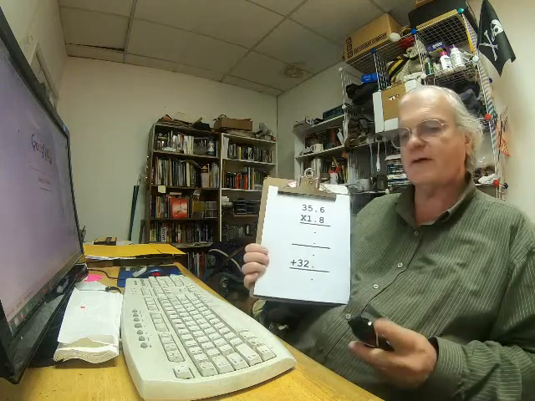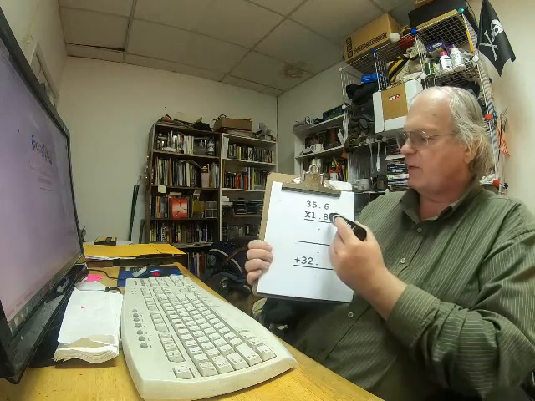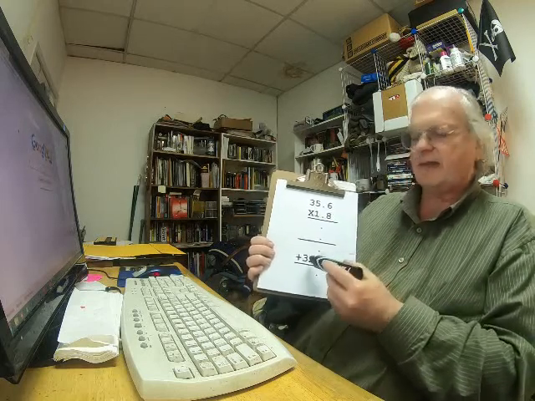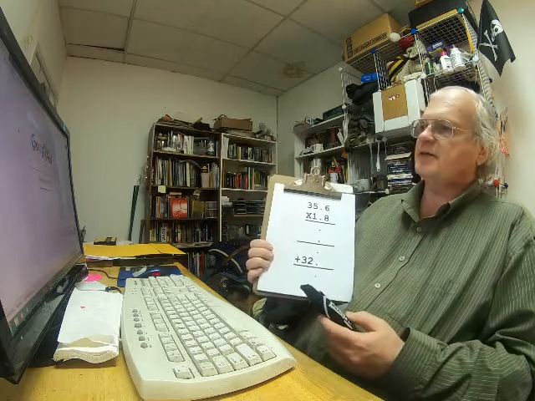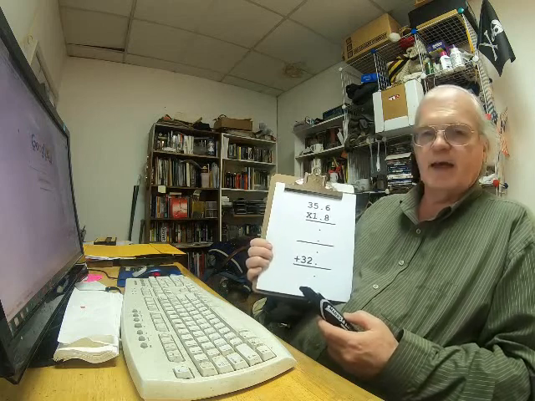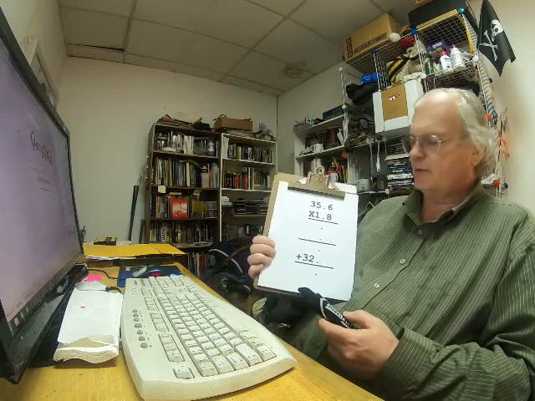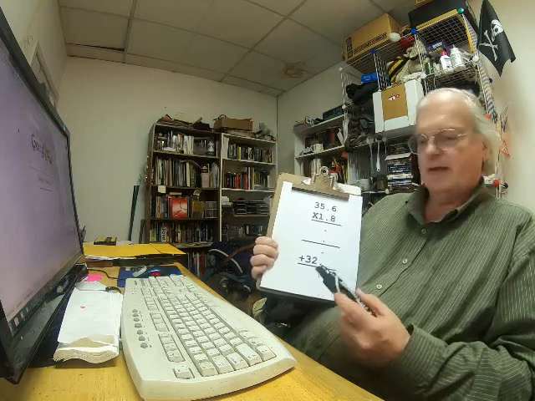Well, the way you convert a temperature in Celsius to Fahrenheit is that you multiply it by 1.8 and then you add 32, because a Celsius size degree is equal to 1.8 Fahrenheit size degrees, and 0 Celsius is equal to 32 Fahrenheit, the freezing point of water.